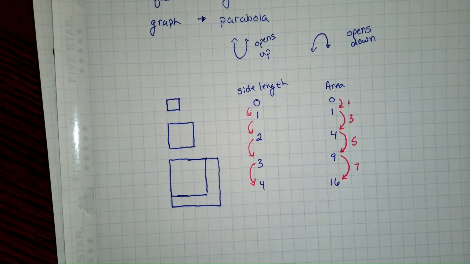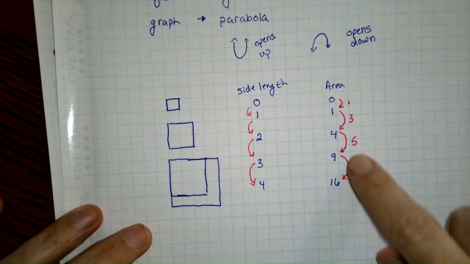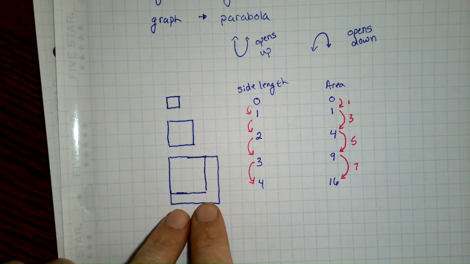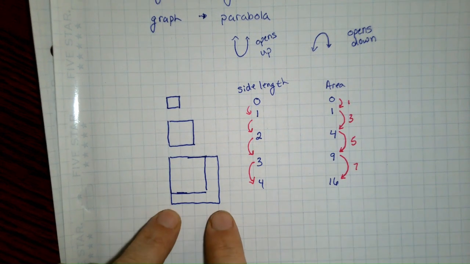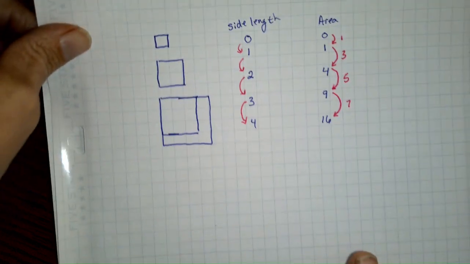That pattern does continue with squaring numbers, and it's that pattern itself that gives us the parabola shape. It's why the slope increases more and more each time we go to a higher number: as the side length changes, the area grows a lot more, because from a 3 by 3 to a 4 by 4, we had to add to the length and the width, and that's why it added those 7 squares.